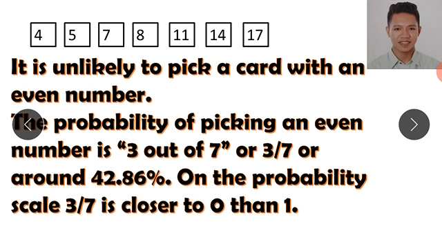On the probability scale, 3 over 7 is closer to 0 than 1. But when you say odd, then that would be likely, since there are 4 odd numbers.